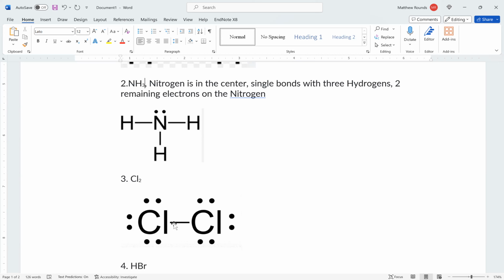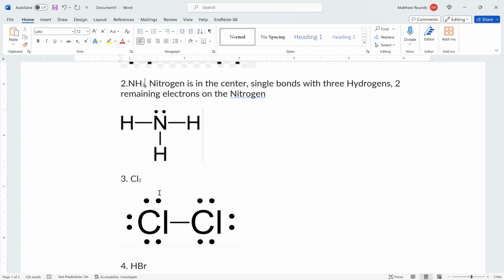What is Cl2? It's not CO2, it's Cl2, but what does the two stand for again? Cl is for chlorine. So there's two of them. It's not in the center, it has a single bond.